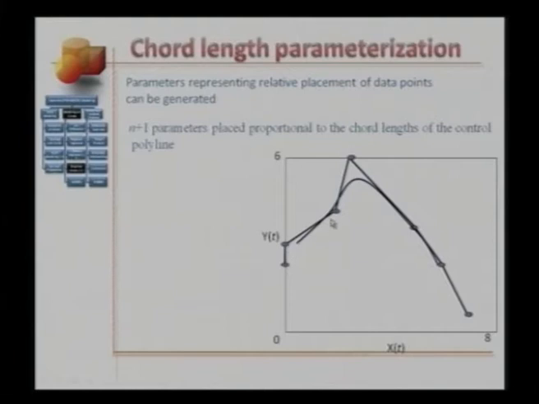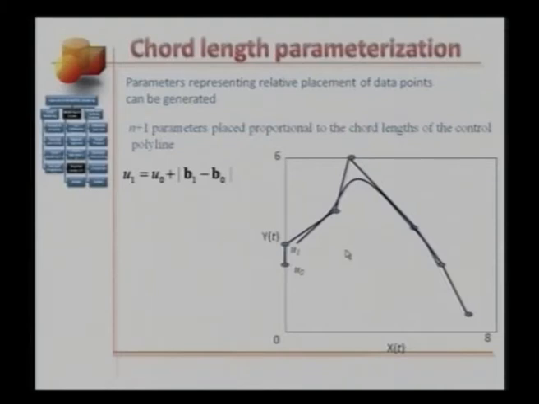Let's say we have a few data points here, B0, B1, B2, B3, B4, B5, B6, 7 of them. Corresponding to the first data point, we have the parameter value u0. Corresponding to the second point, B1, we have the parameter value u1, and so on.